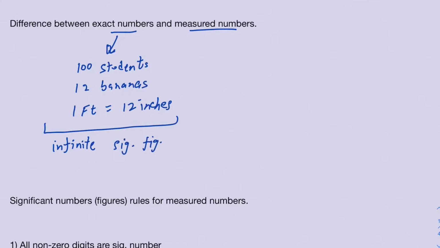However, when we have a measured number, we have to apply some rules on assigning the sig figs. A measured number is a number that's received after using a tool. For example, I can use a metric ruler to determine the length of a table, and let's assume the length comes out to be 22.56 centimeters.